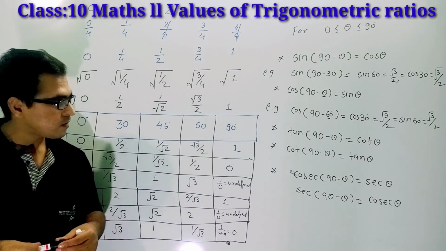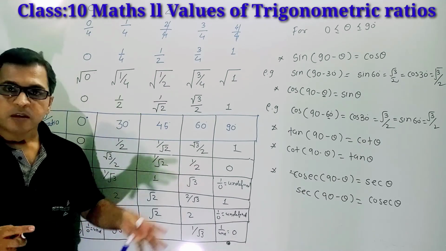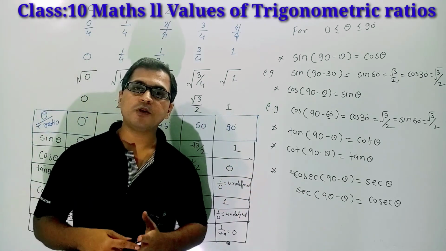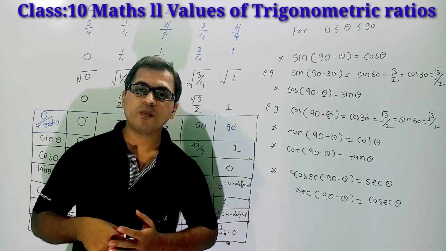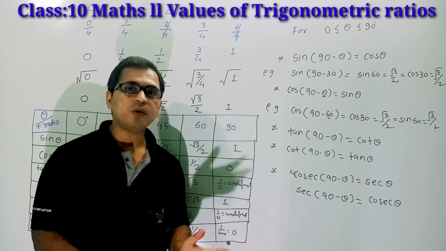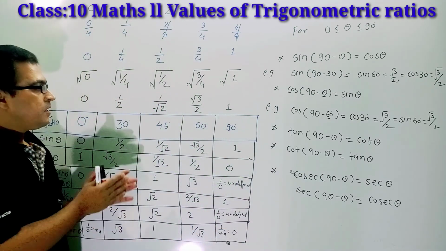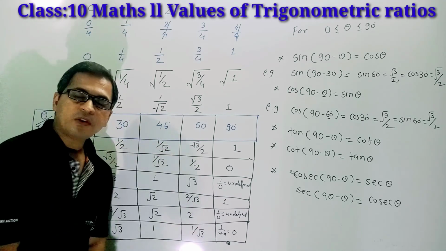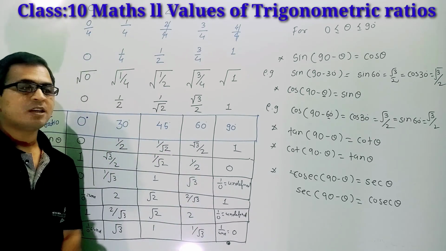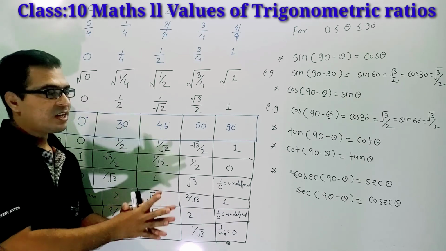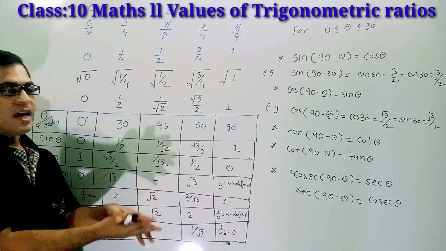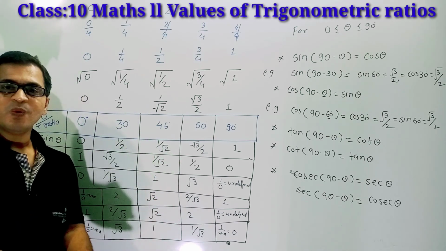Right, students? So here we are completing today's video lesson. I hope you have understood how to obtain the values of trigonometric ratios, and you can check how these angles are complementary to each other.